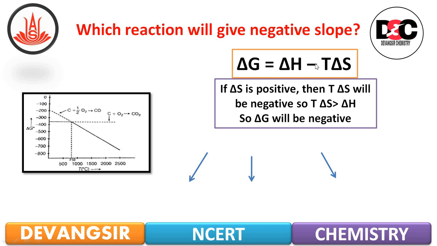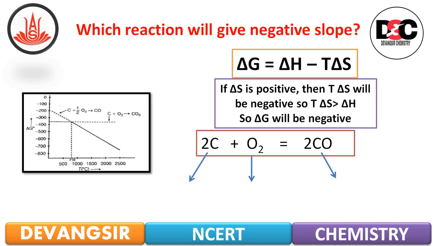When the slope is negative and delta S is positive, positive multiplied by negative gives a negative answer, and that is the slope. That's why it becomes the negative slope.